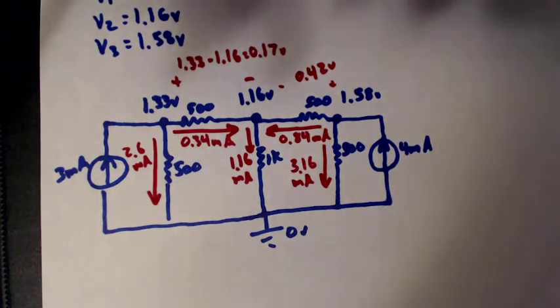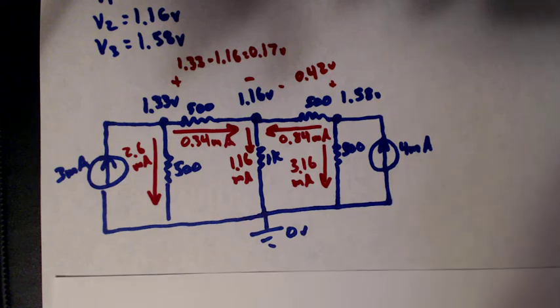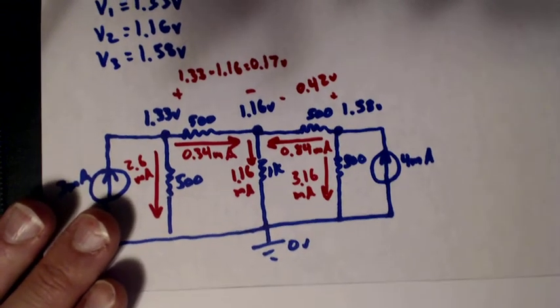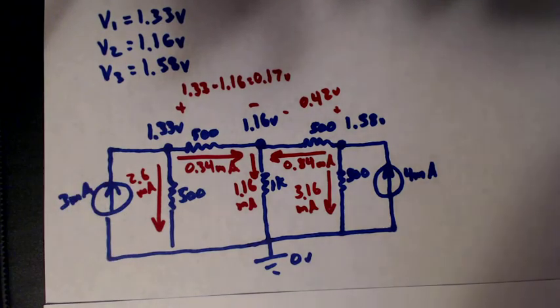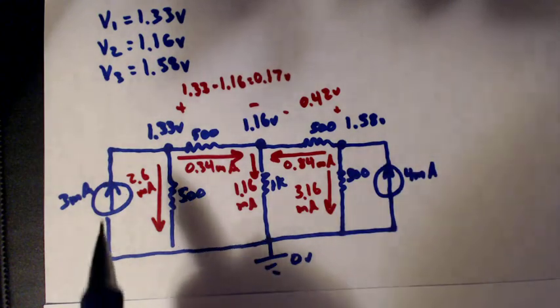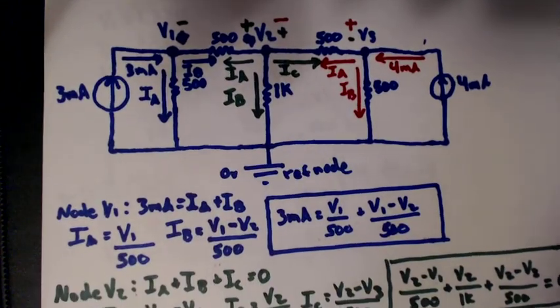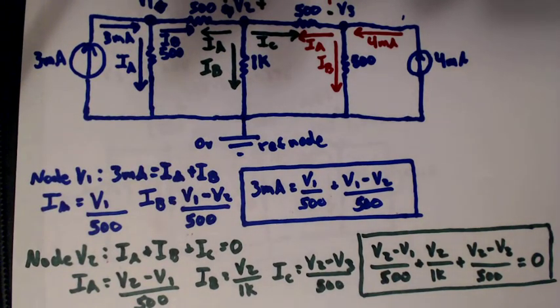Okay, so not too bad of a process to step through. Like I said, as long as you just follow the process and correctly apply your currents and write out your expressions, you should get the correct answer.